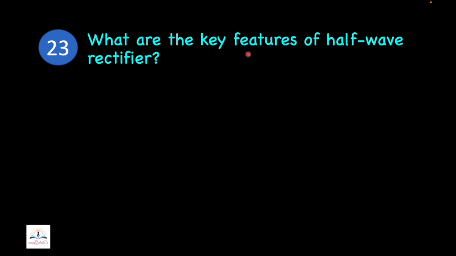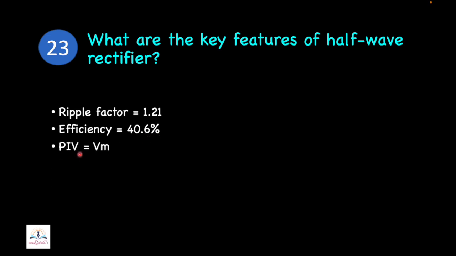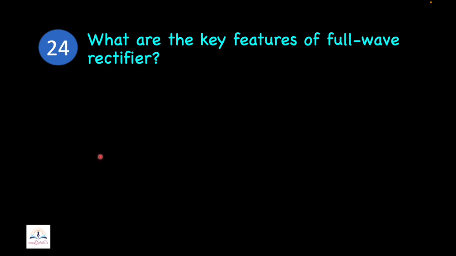What are the key features of the half wave rectifier? The half wave rectifier has a ripple factor of 1.21. Its efficiency is almost 40.6%. Its peak inverse voltage is Vm. Now, what are the key features of the full wave, that is center tap rectifier?